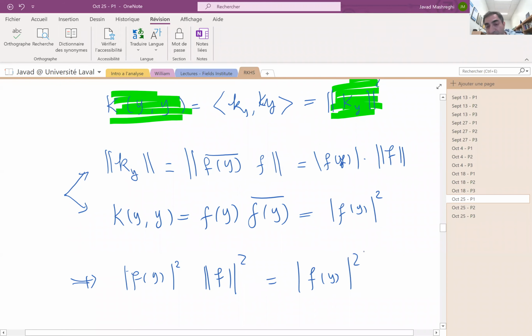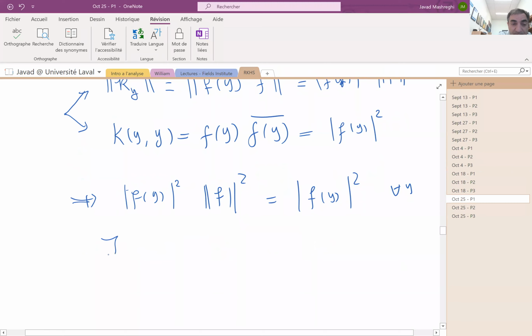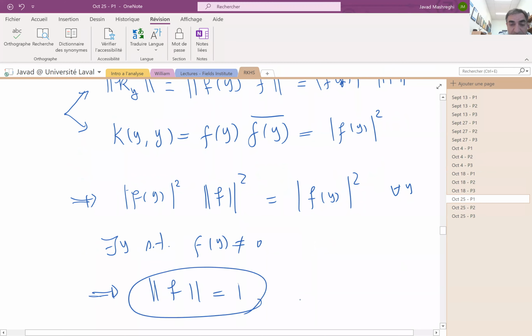And this is for any y. This is the point where I emphasized f is not identically equal to 0. So at least there is one point such that f(y) is not 0. And we can eliminate |f(y)| squared from both sides and deduce that the norm of f is equal to 1. That's what we wanted to prove.